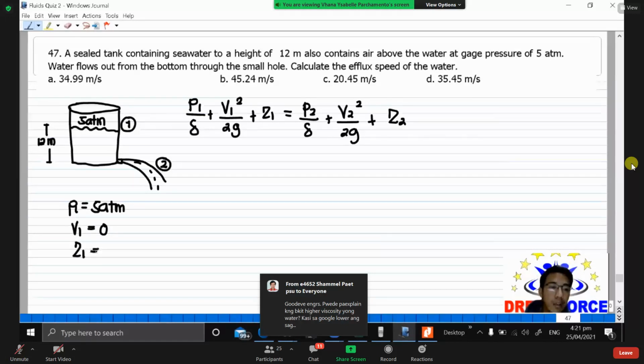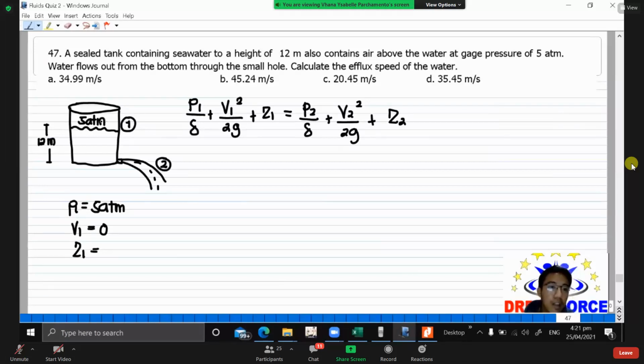Z1 is our height from your second point, that is 12 meters. P2, we have no air pressure here, so 0. V2 is the unknown. And Z2 is 0. Why 0? Because it is already at our final position, like an origin.